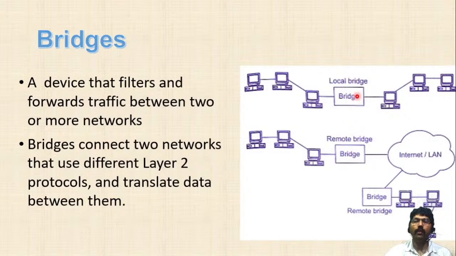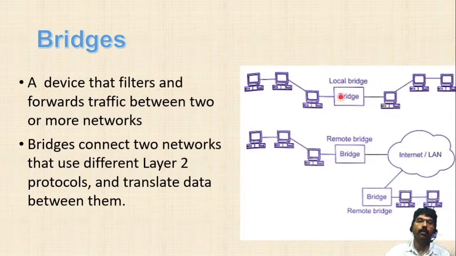In an office, if you have many computers, hundreds of computers, network traffic keeps increasing and your network performance decreases. So the network is segmented into a number of small networks. That can be done by a bridge.